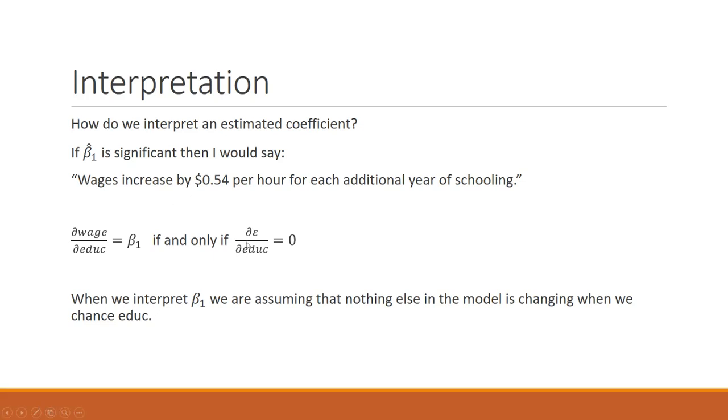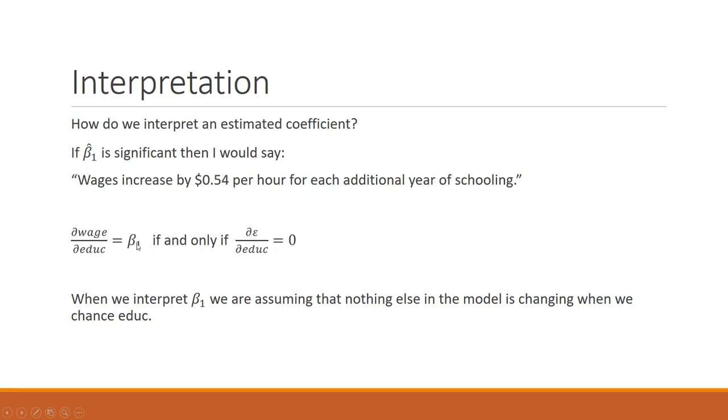A change in education does not induce a change in anything else. And if you remember, our error term accounts for all other factors. So if when I increase education, I do not increase any other factor, then the change in epsilon given a change in education equals 0.